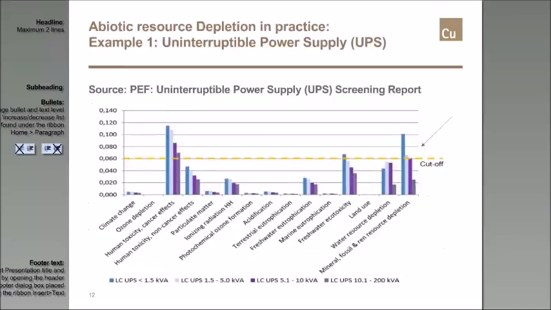So I would like to explain two examples. These are examples taken from the pilot test of the product environmental footprint of two products. The first one is an uninterruptible power supply, so UPS. This is an energy-related product, so it could actually be covered by the eco-design directive.